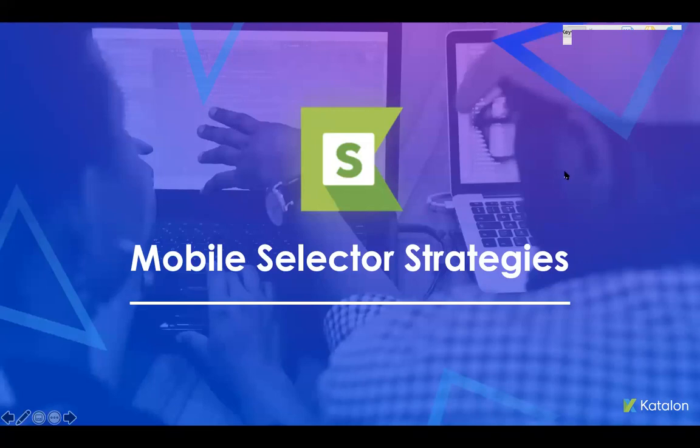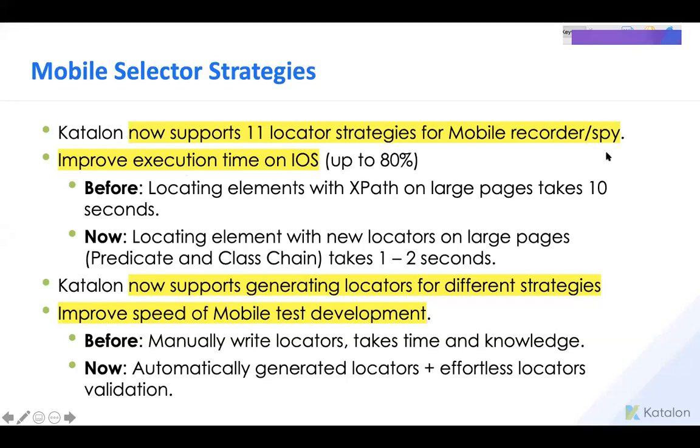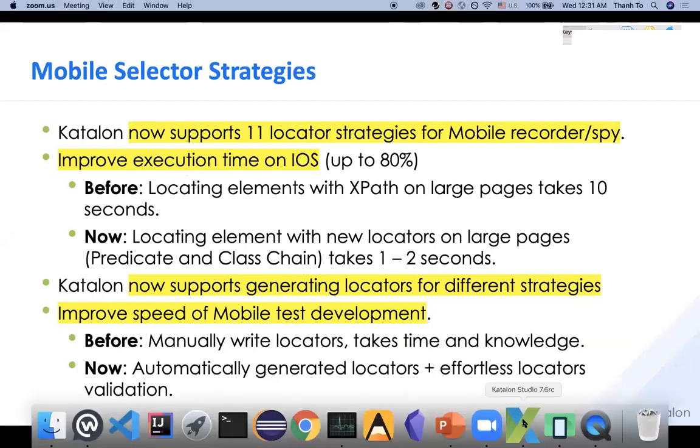To resolve that issue, now in Katalon Studio 7.6, we support the feature to automatically generate the locators for different strategies. I will show you that first, and then I will show you how that can speed up your mobile testing execution.